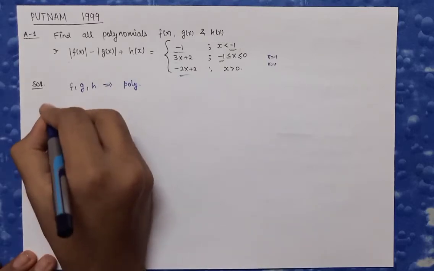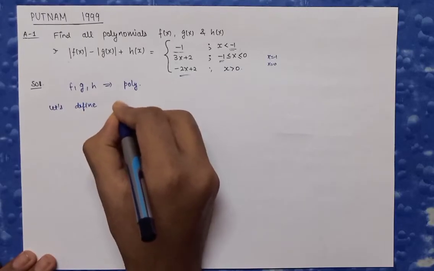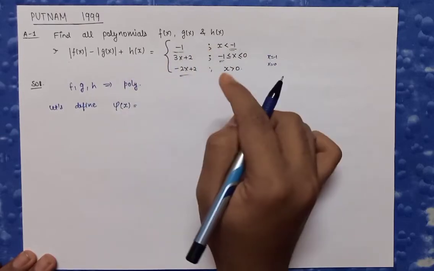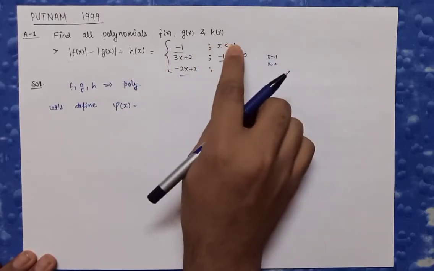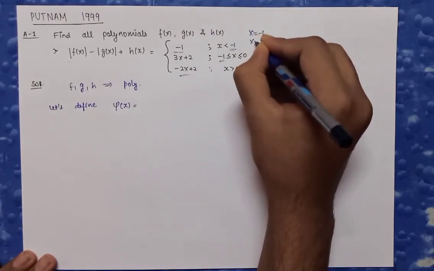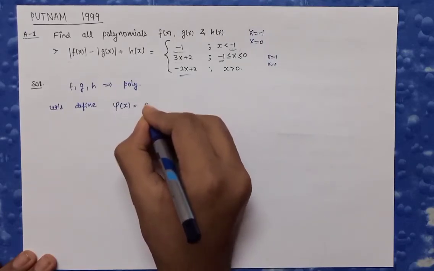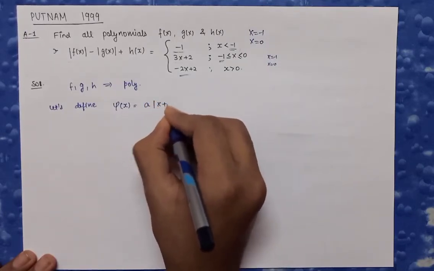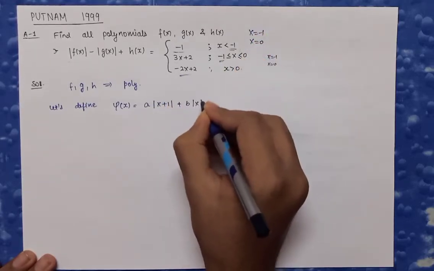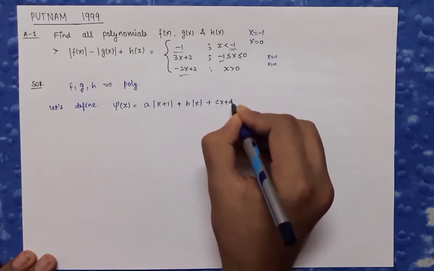So let us define another function. Let's call it xi(x). Since I'm supposing that those are linear functions and the splits are caused at x equals to minus 1 and x equals to 0, I'm assuming that xi(x) equals some constant a multiplied by modulus of x plus 1, and some constant b multiplied by x modulus x, and then plus cx plus d, another linear function.